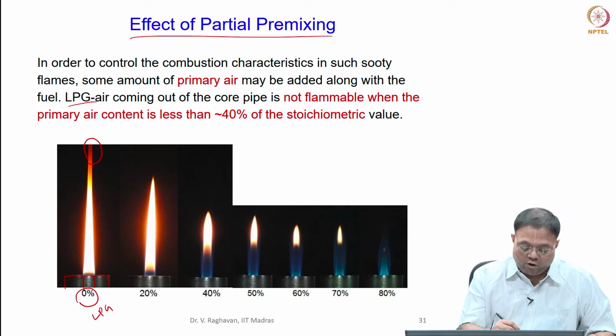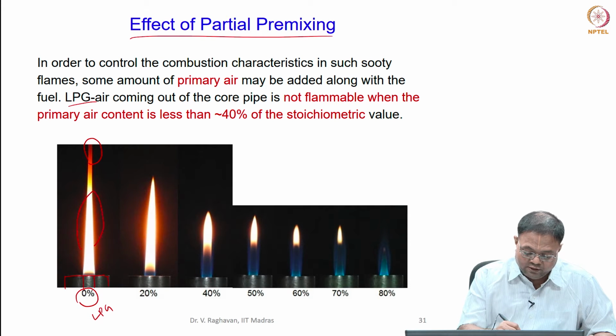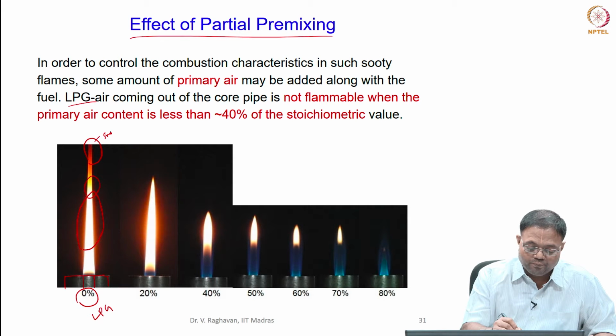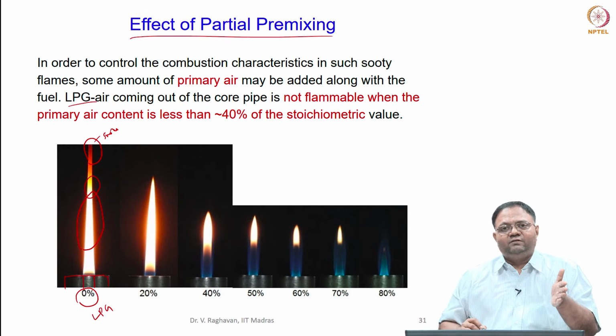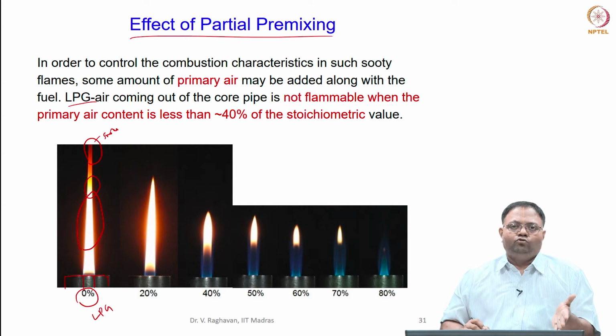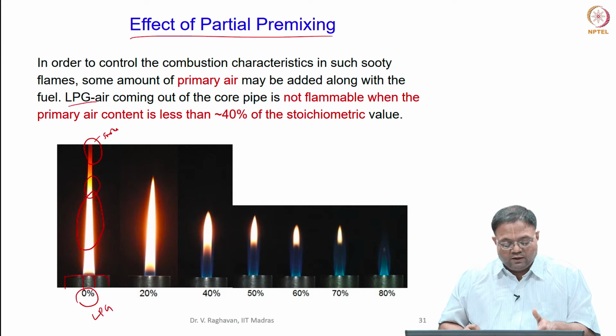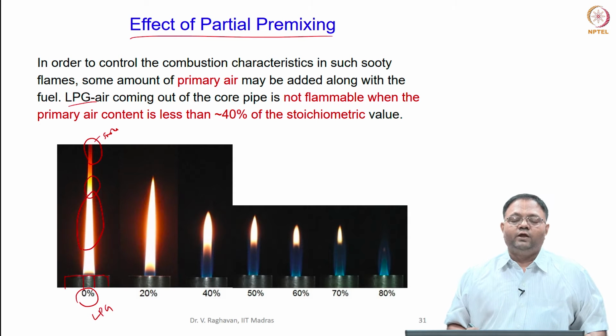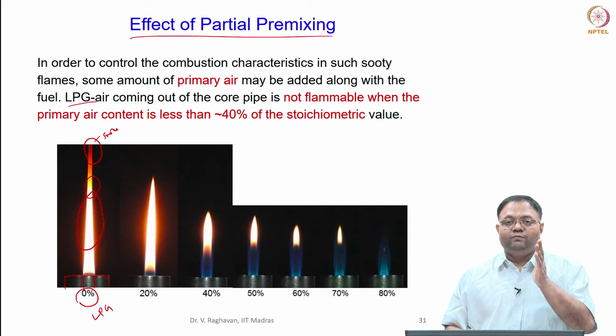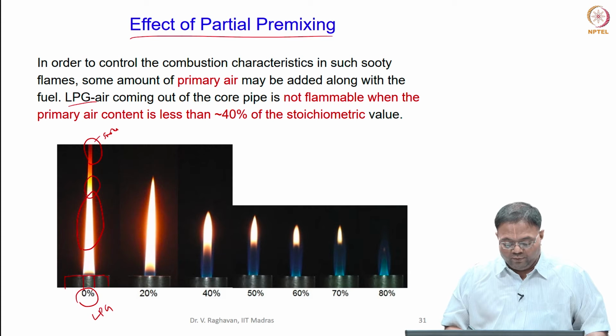The soot is not able to oxidize within this formation region, and smoke forms here. We have selected a flow rate which is higher than the smoke point also, and you can see that the flame will result in a smoky flame. At the tip it will show some smoke coming out of that.